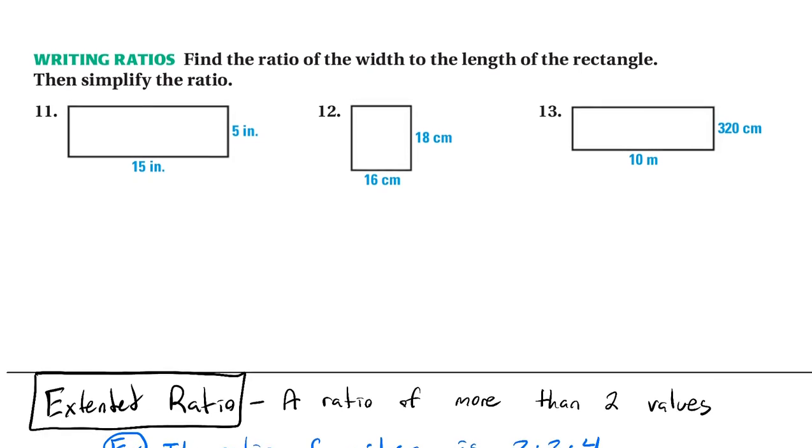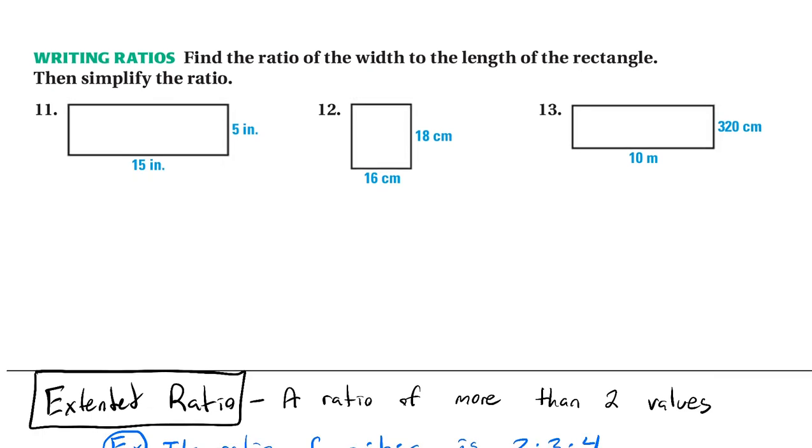All right, here's some simple questions, right? Find the ratio of the width to the length, and then simplify. Notice that they don't tell you what is the width or the length. So in the answer, one person might write 15 to 5, and one person might write 5 to 15. In this problem, that wouldn't matter. However, in a problem where they said, what's the ratio of students to teachers?